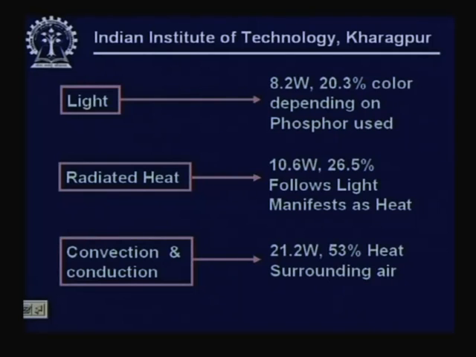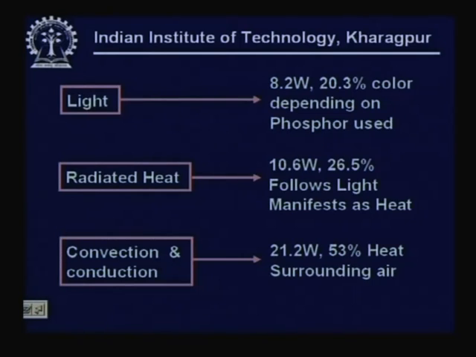Convection and conduction are responsible. They could be controlled by proper design of the luminaire as a whole. So, this is what tells us how we are able to effectively use the energy pumped in. So, this is the distribution.